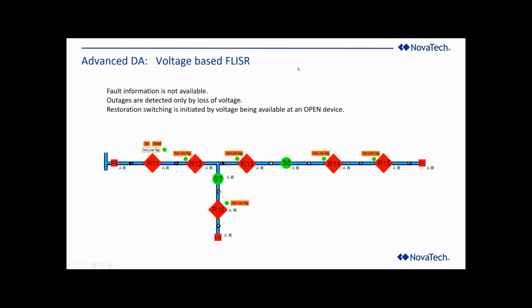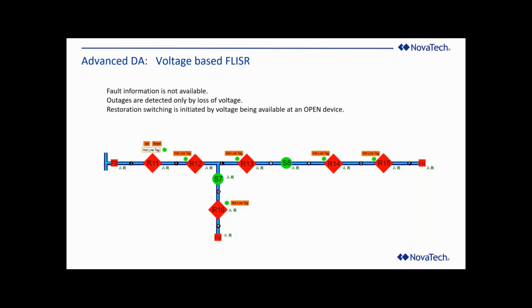A more advanced Flisser that is being executed without being able to access information out of the substations. For whatever reason, this was developed by another one of our engineers at NovaTech, Elton Beanstra.